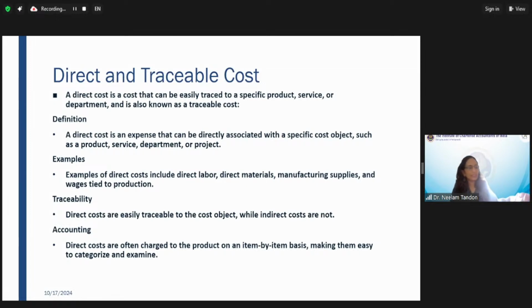Opportunity cost, for example: suppose you have 5,000 rupees, okay? With 5,000 rupees, you decide to buy a book. 5,000 is too much, I should say 100 or 200 rupees. So you have 200 rupees and you buy a book of 200 rupees.